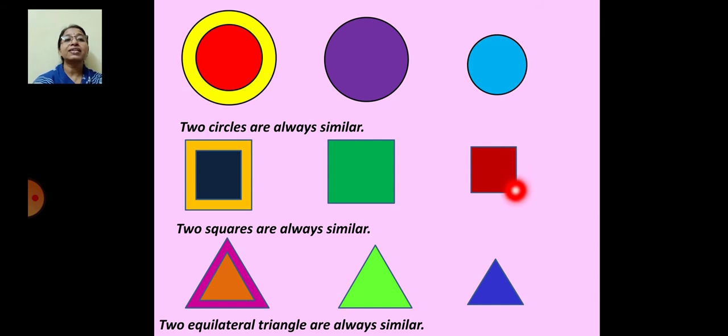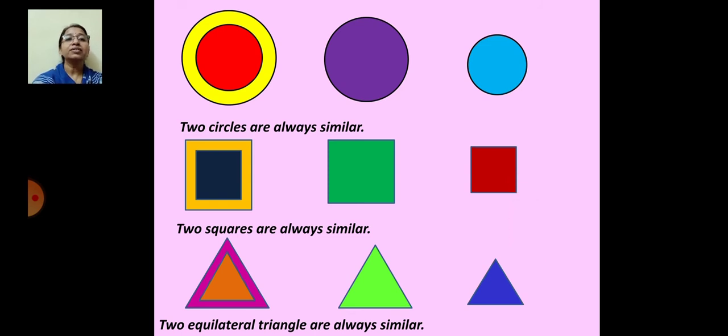Come to the next example. What are these figures? They are squares, squares of different sizes. So two squares are always similar. It can be a square of side 2 centimeter or 3 centimeter or 1 centimeter, whatever the length of the side, their shape is the same. So two squares are always similar.